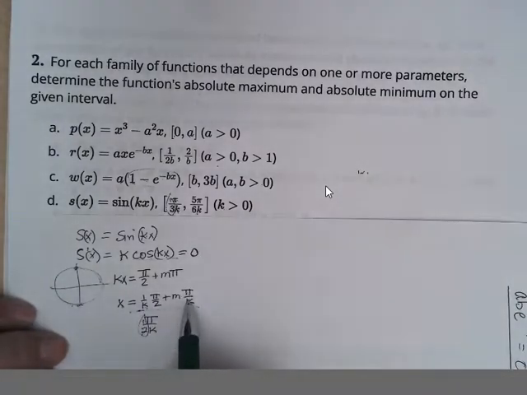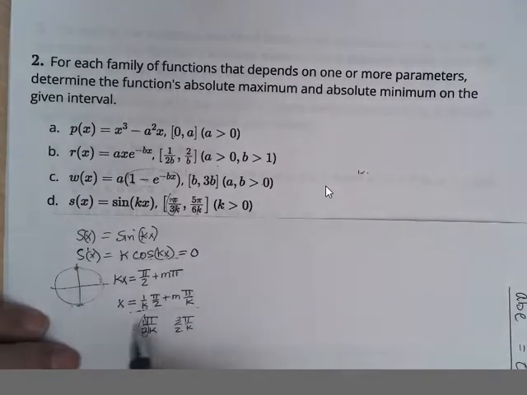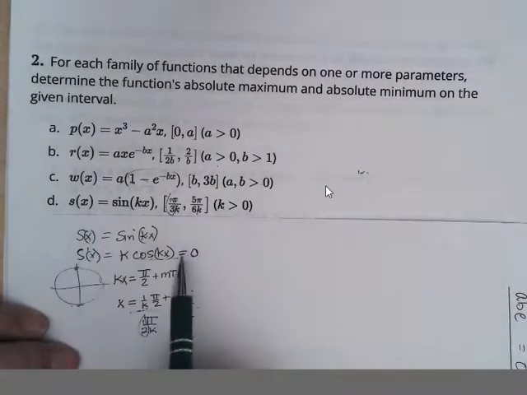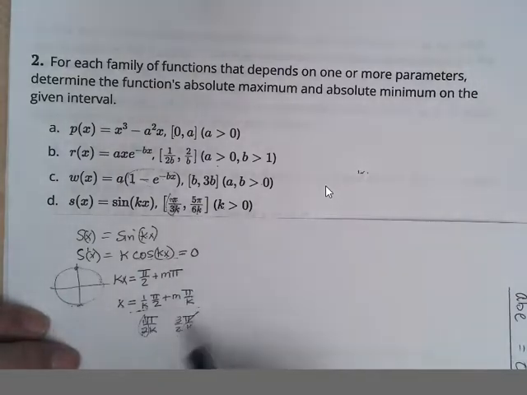If I add pi over k to this, that would be 2/2, so it would be 3 pi over 2k. 3/2, 1/2, this is pi, and we add a whole pi over k to a half of pi over k, we get 3/2 pi over k. And 3/2 is not between 1/3 and 5/6, so we don't want to go that way.